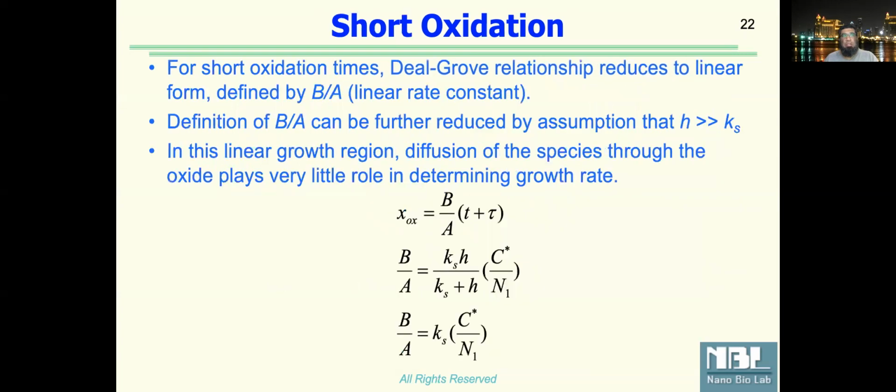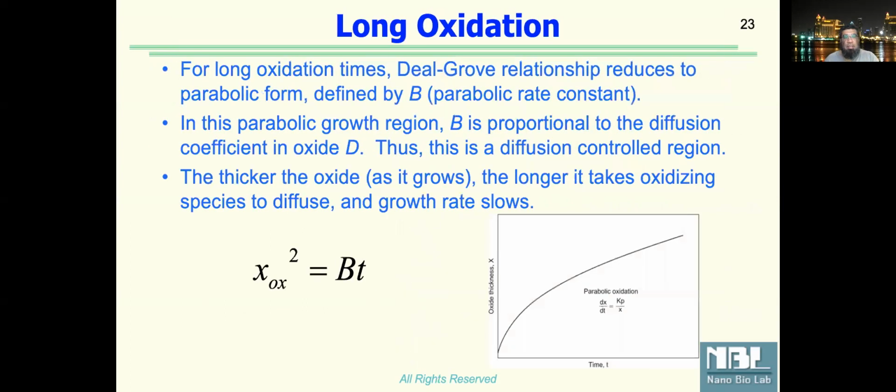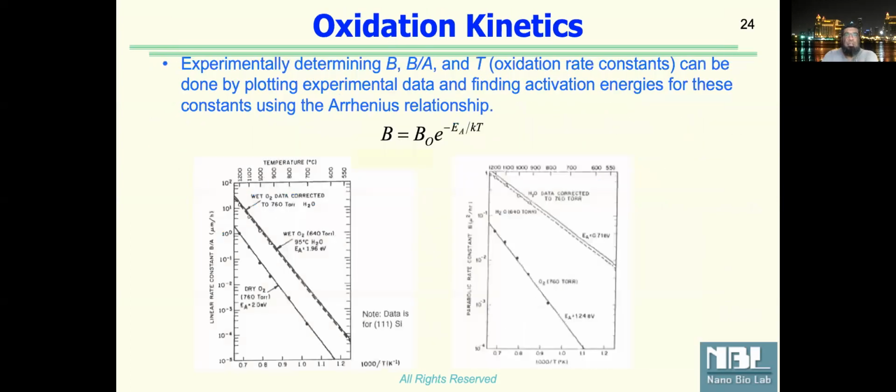So how do we find these parameters, B over A and these parameters which are given here? We experimentally get these numbers. So there's experimental determination where we can plot the experimental data and then we can find activation energies. And activation energies is a special relationship called Arrhenius relationship, which is we take the initial conditions and then it has an exponential dependence on temperature.